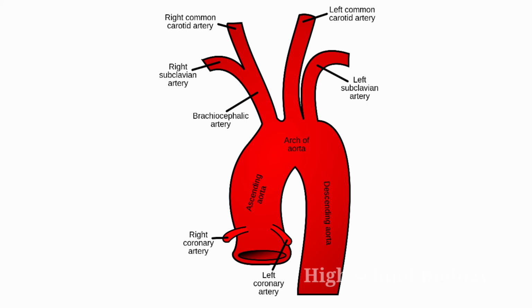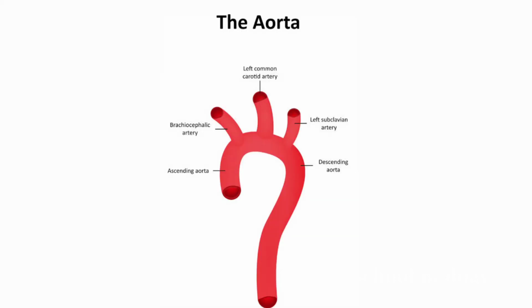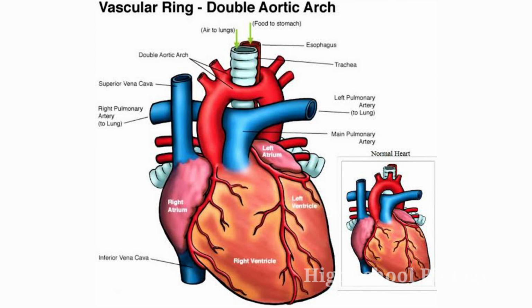Aortic arches. Two aortic arches, namely the pulmonary artery and the greater aorta, carry blood from the heart. The pulmonary artery arises from the right ventricle and splits into the right and left branches and takes deoxygenated blood to the lungs.